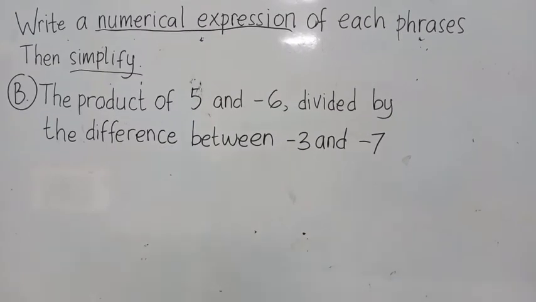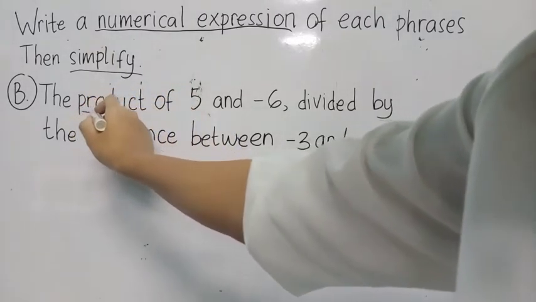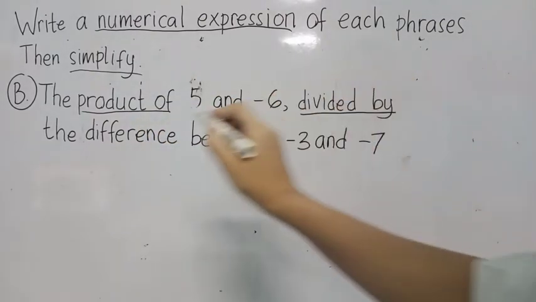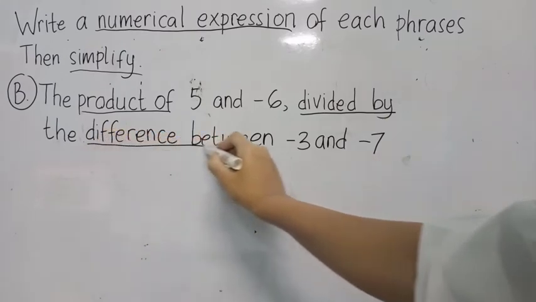Okay, now we go to the next number. Letter B. Write a numerical expression for each phrase, then simplify. Here, the product of 5 and negative 6 divided by the difference between negative 3 and negative 7. Okay, there are the product of, divided by, and the difference between.